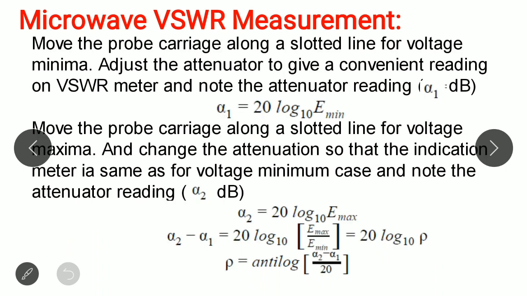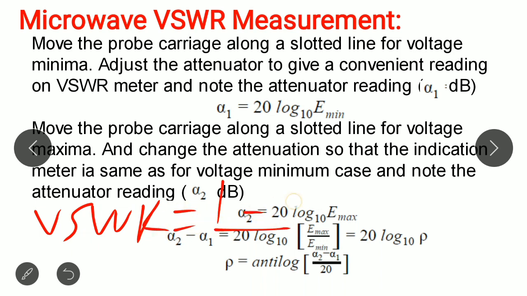And from this we find the value of VSWR in terms of the reflection coefficient, that is VSWR equals 1 plus rho upon 1 minus rho. So likewise we find the value of VSWR.